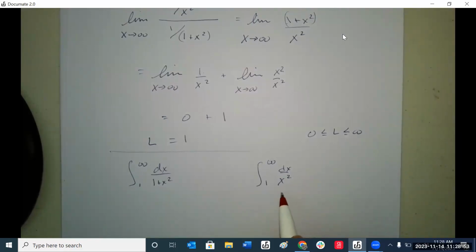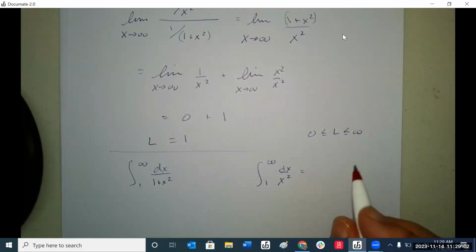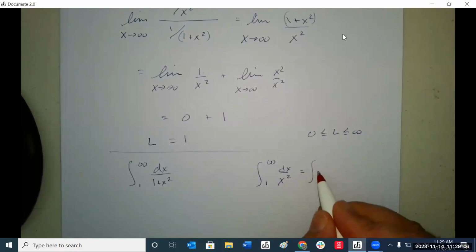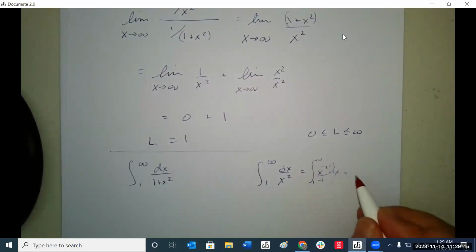We know that this one converges. This one is from 1 to infinity, so I add 1 there, add 1 there.